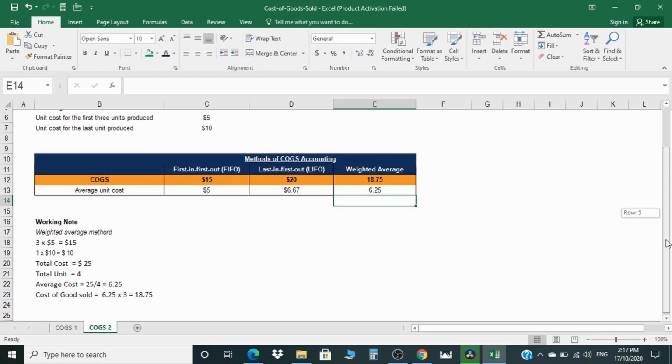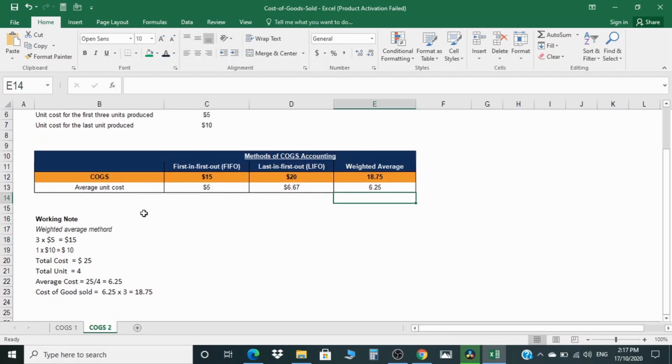So I made a working note for you. You can go by this as well. The first 3 units you already sold at the rate of 5, right? 3 into 5 is 15, and the last one is 1 unit into 10, which is 10. So what is the total cost?